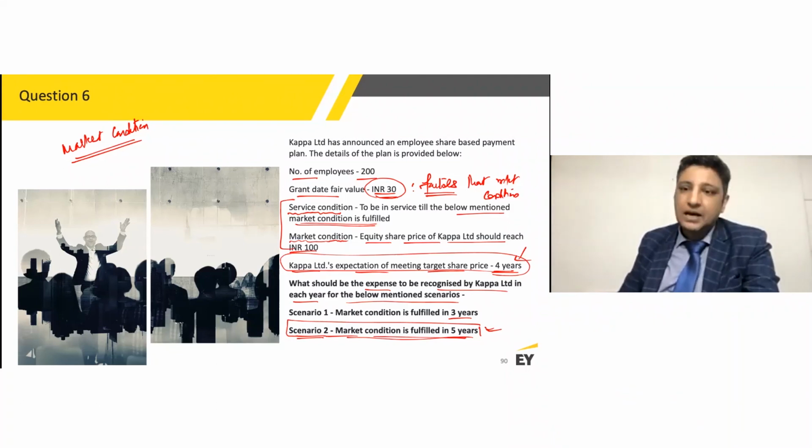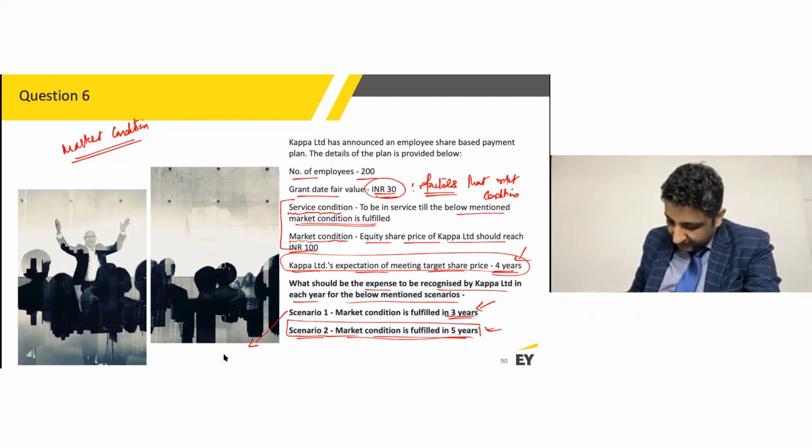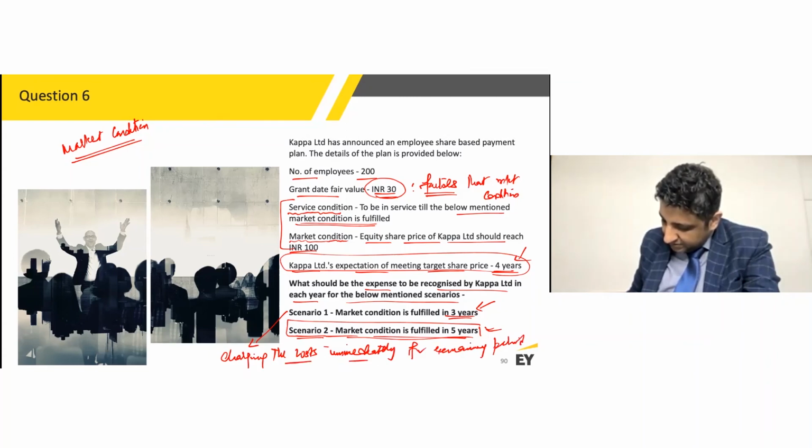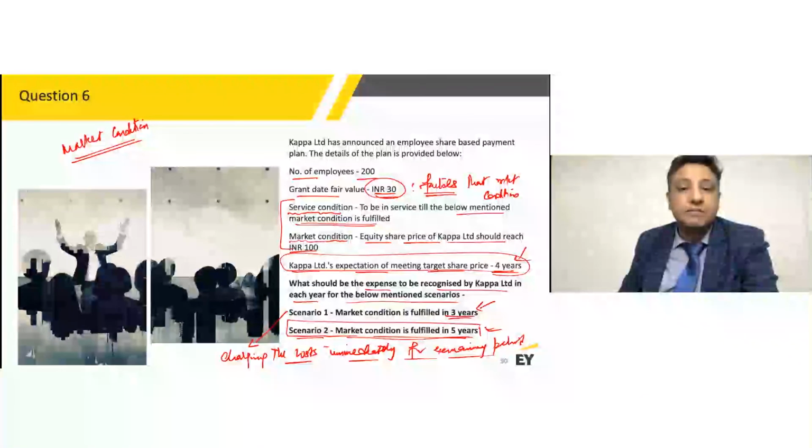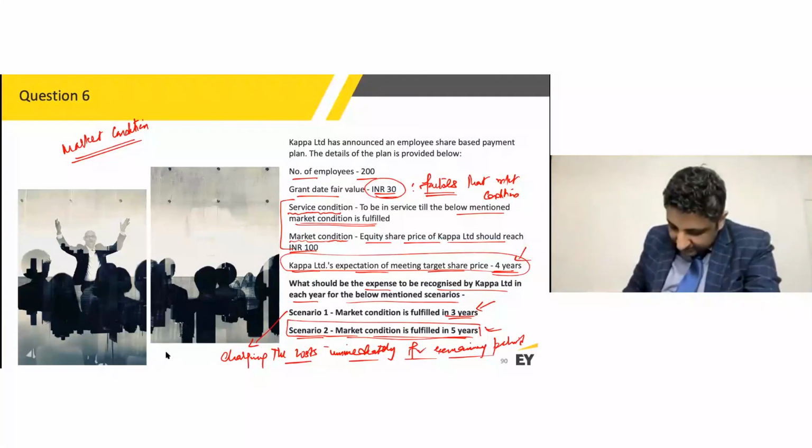However, in the first scenario, as it is fulfilled in 3 years of time, it results into something called charging the cost immediately for the remaining period, something called an acceleration of the costs.